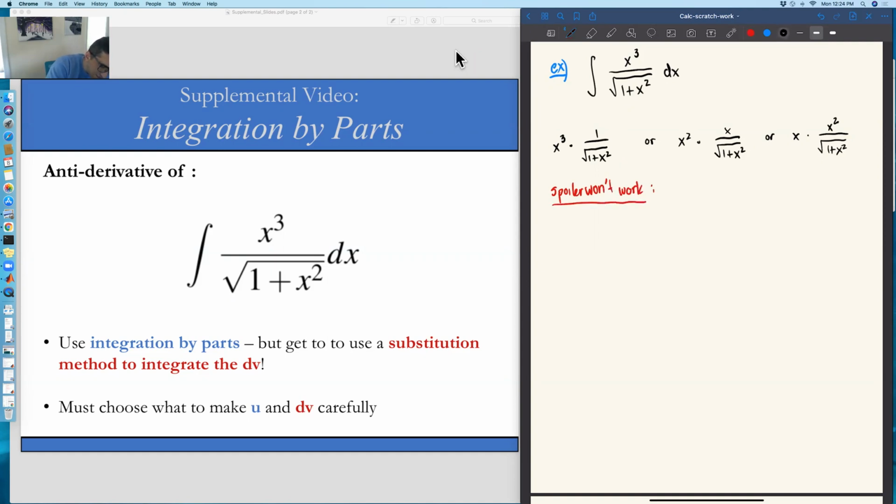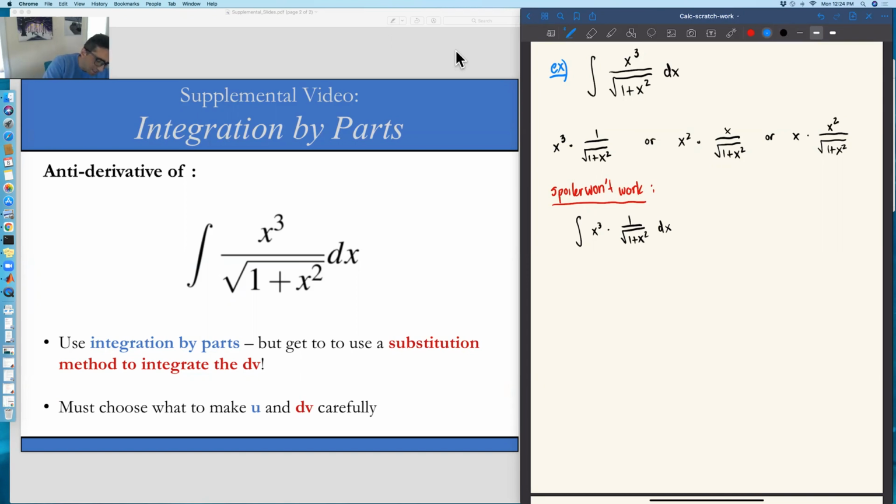So we think about this integral now as x cubed times 1 over the square root of 1 plus x squared. And remember, we get to choose something to differentiate, that is our u, and something to anti-differentiate, that's our dv.